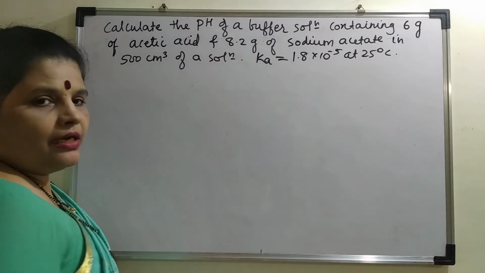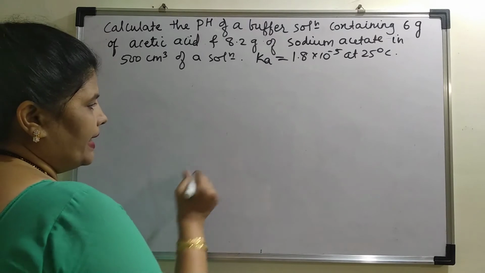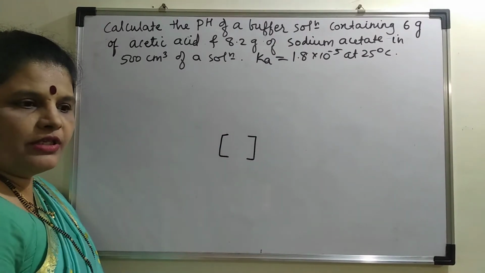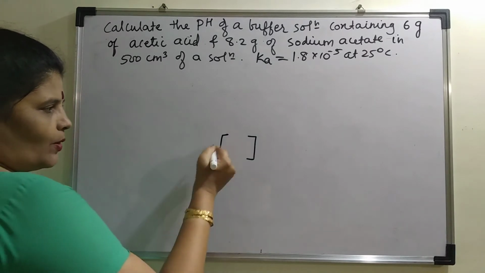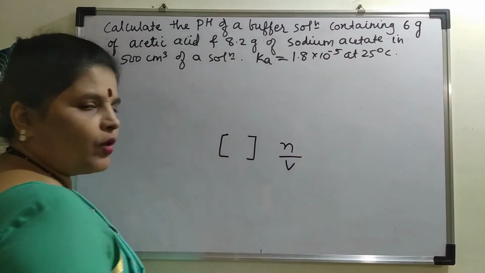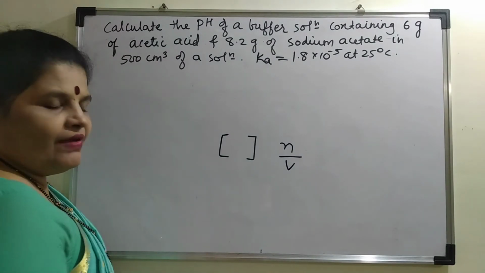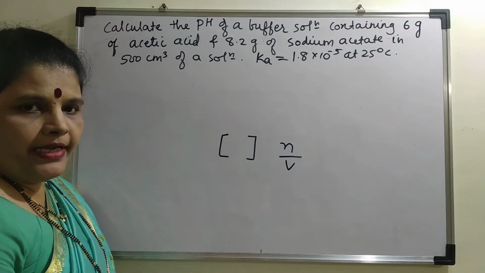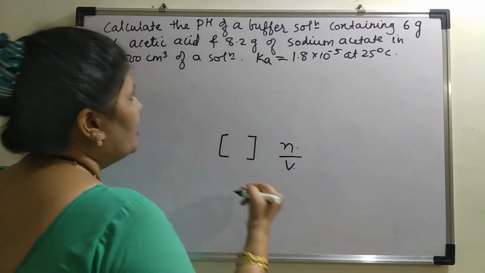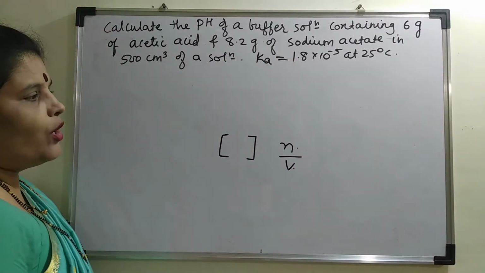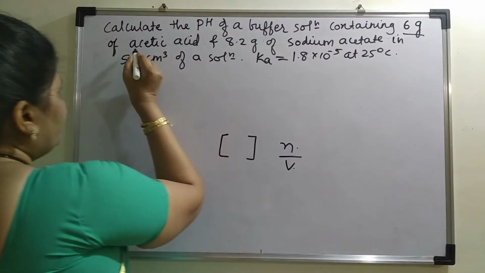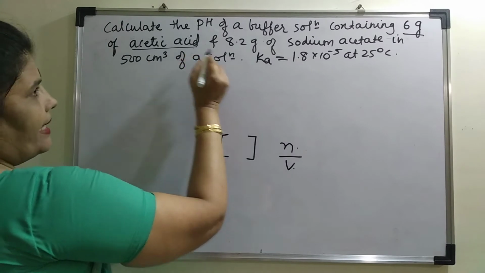Before going into the question or solving it, just understand the meaning of this square bracket. What we are using it as active mass. This square bracket means number of moles per volume of the solution. In the previous problems, they gave mole per dm cube, meaning they were giving the value of n by v. But in this calculation, they have not given n by v. They have given simply the mass and name of the particular acid and its salt.